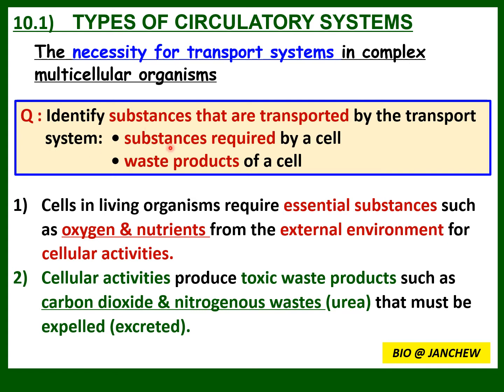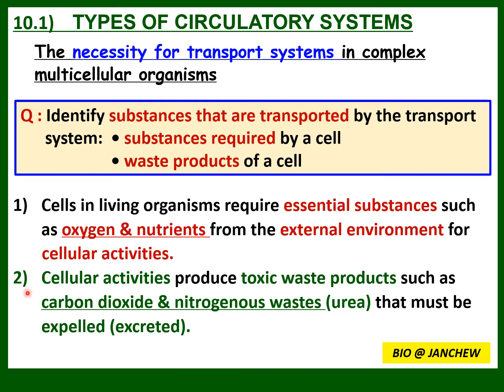What are the substances required by cells and the waste products of cells? All right. So here's our answer. Cells in living organisms require certain essential substances such as oxygen and nutrients. So these are the substances required by cells from the external environment for cellular activities such as respiration.